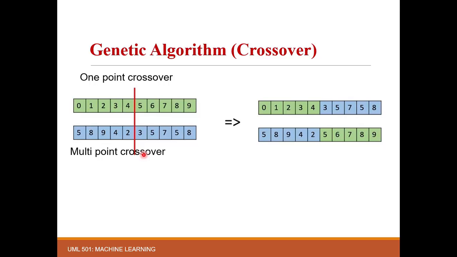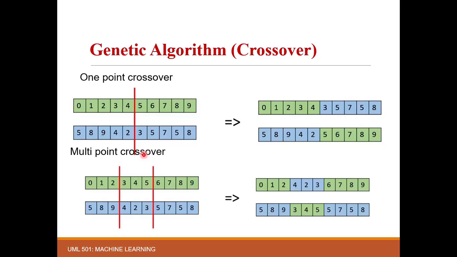Now next one is multi-point crossover. Here we have shown a 2-point crossover in which the parent chromosomes are divided into 3 parts, and you only have to interchange the middle portion. That means the extreme portions are untouched and remain as they are in the parent.